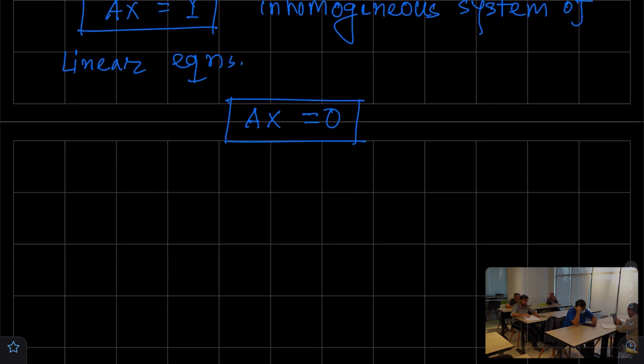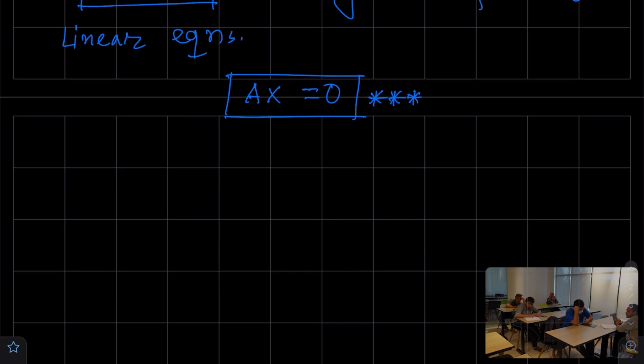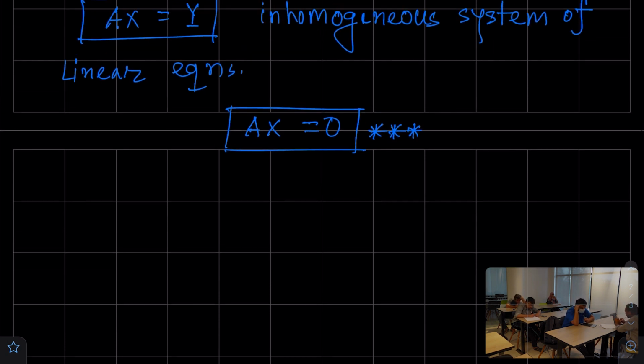So from the previous equation, we know that system will always have a trivial solution, but for this system we are not actually guaranteed that it has a solution. Even because if you set x to be trivially 0, then the left side is 0, but the right side is not identically 0, right?